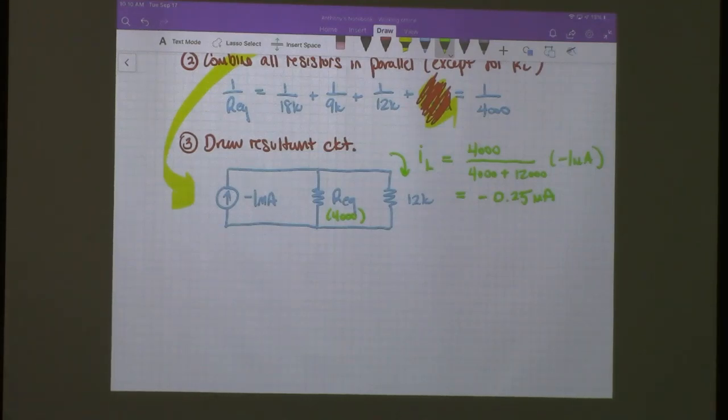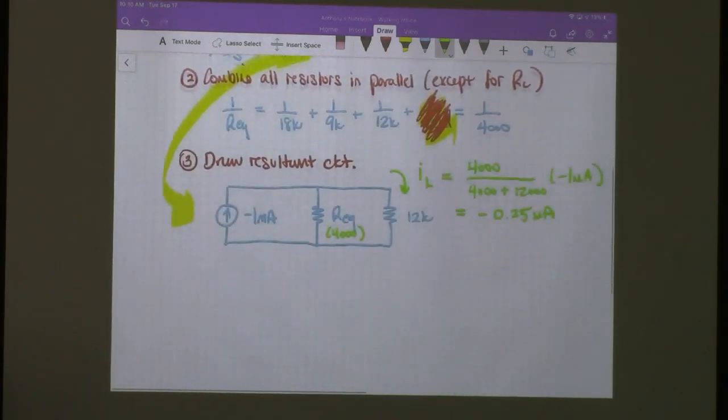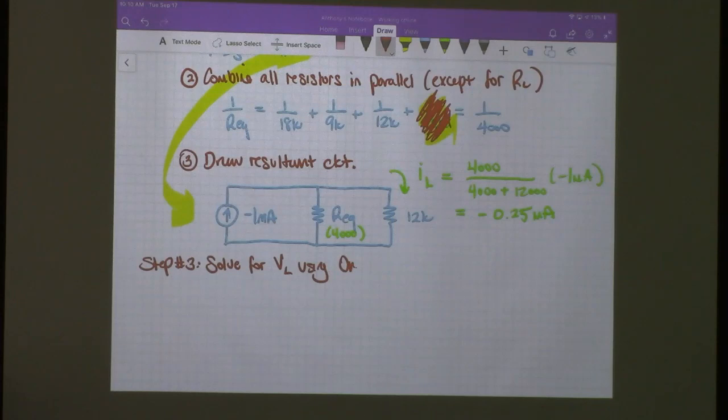And then what we can do if we still want VL, we can solve for that using Ohm's Law.